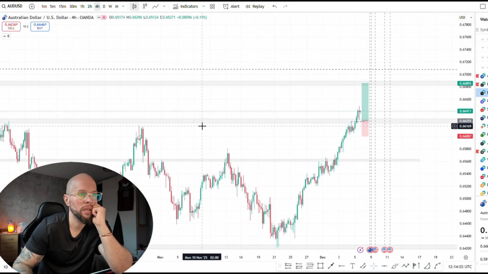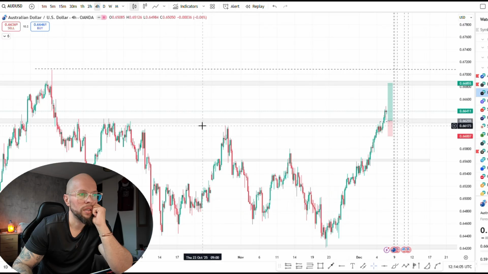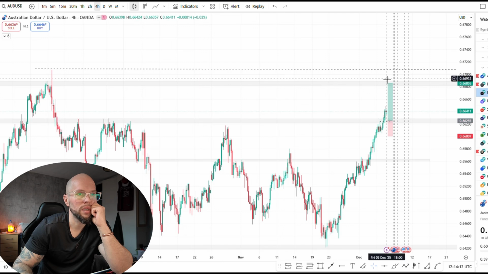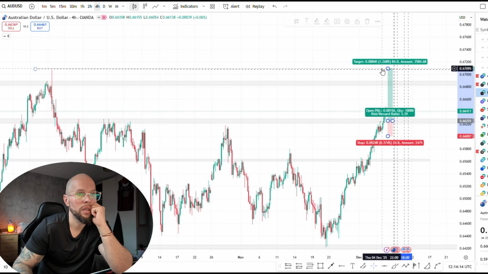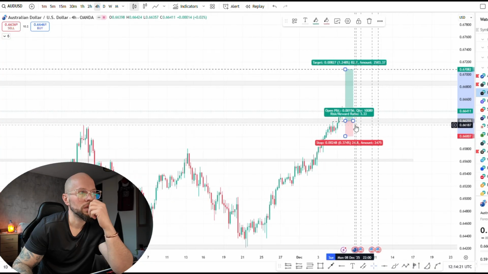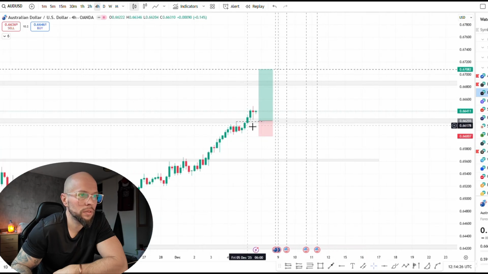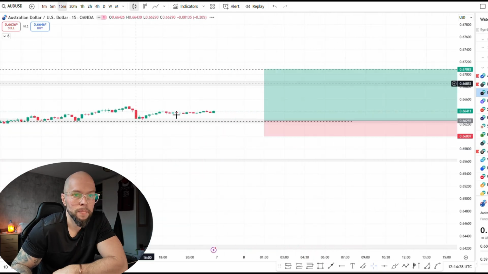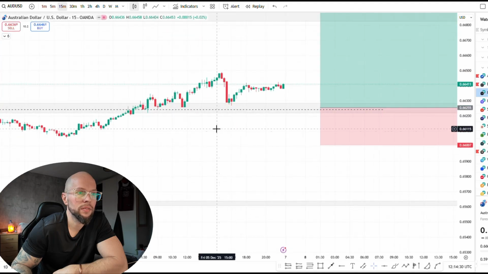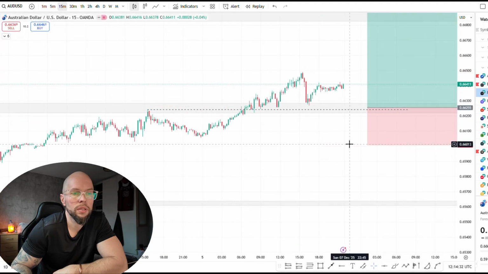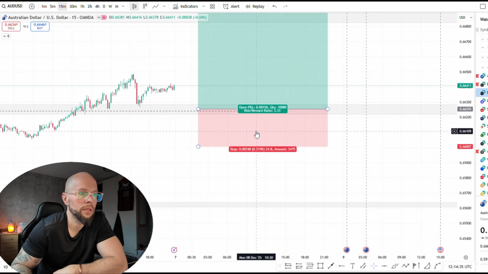Yeah, this could be the target. This could be a good entry on Monday if we come down to this level. If we actually come down to this level, stop loss. What is it, 20 pips? 24 pips?